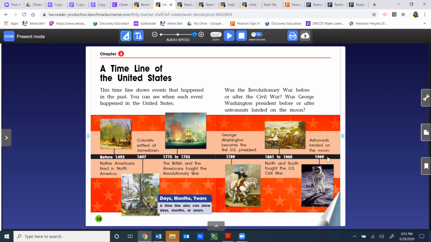In 1969, astronauts landed on the moon. Let's go down here and look at this box. Days, months, years. A timeline also can show days, months, or years.